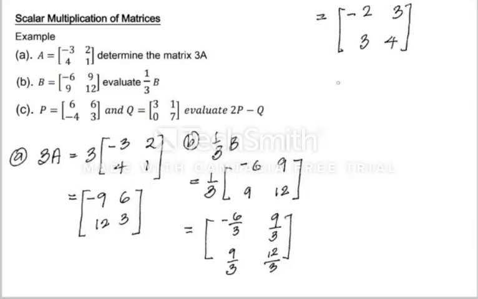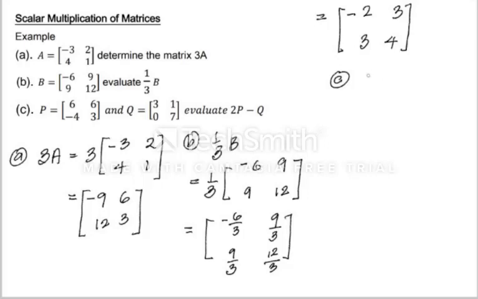So we're looking at multiplying a matrix by a number, and we said when you're multiplying a matrix by a number, you simply multiply all elements in the matrix by that number. Multiplying by 1/3 is the same as saying divide by 3.